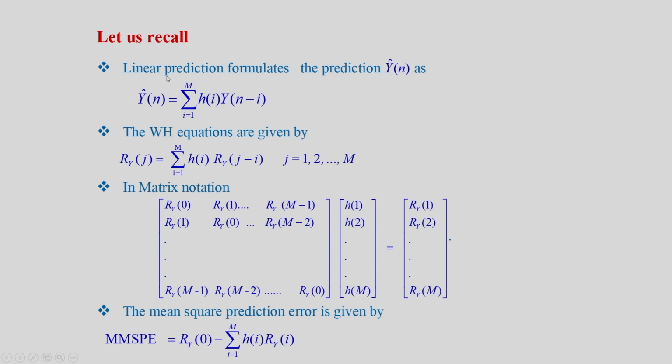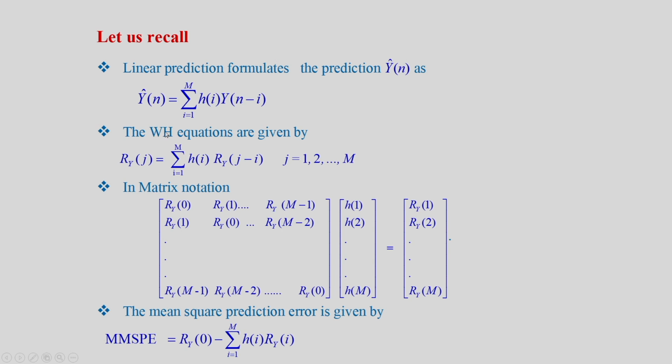Let us recall, linear prediction formulates the prediction ŷ[n] as the summation of h_i y[n-i], i going from 1 to m.